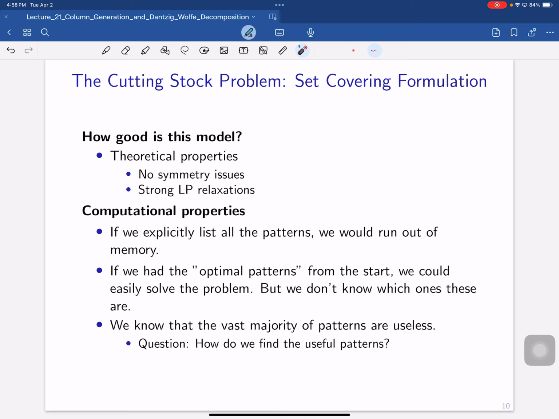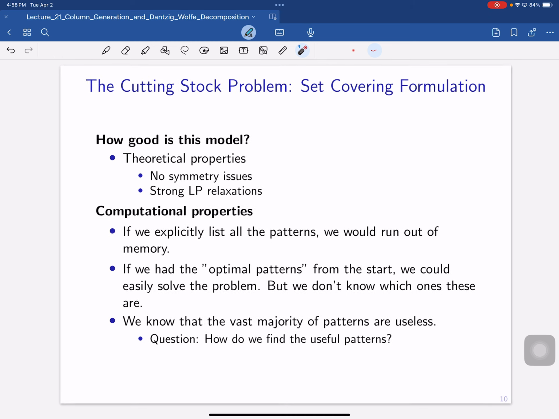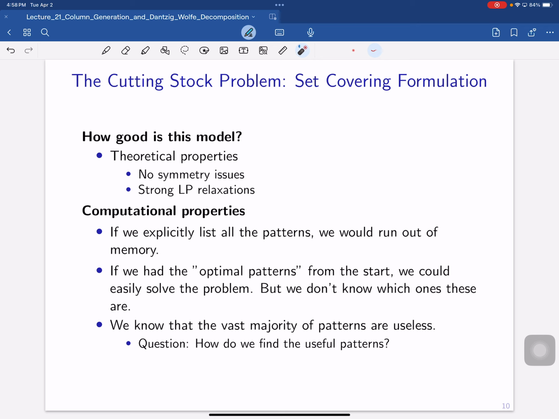For example, in the previous toy problem, in total there are 15 feasible patterns, but the optimal patterns are only 3, okay? And for a bigger problem, you can see a bigger difference between the possible number of patterns and the optimal patterns. Okay, so now the question becomes, how do we really develop a method to find those useful patterns?